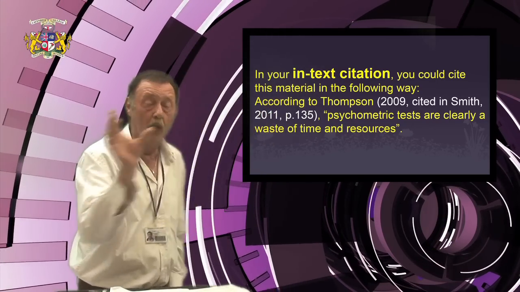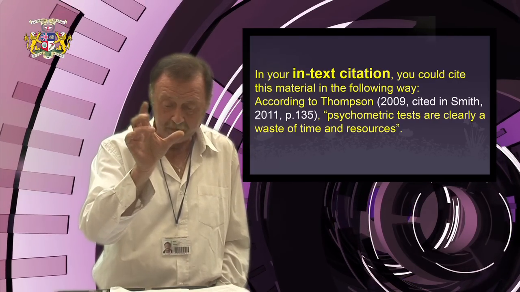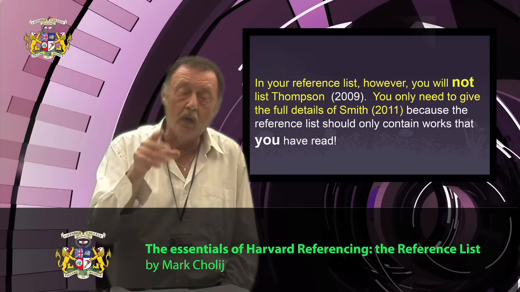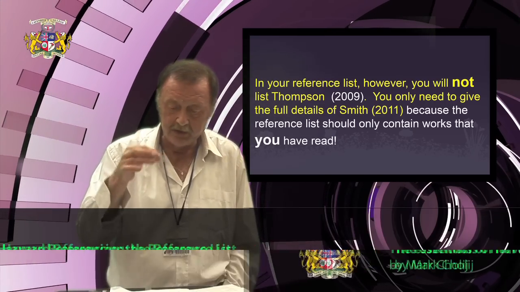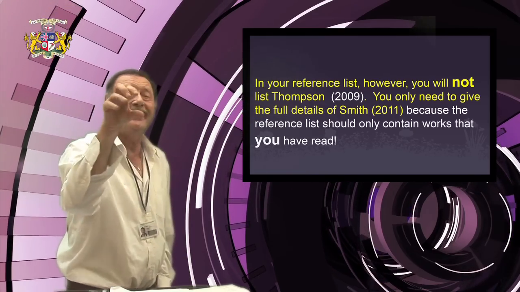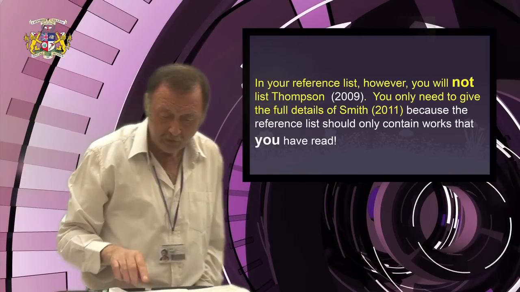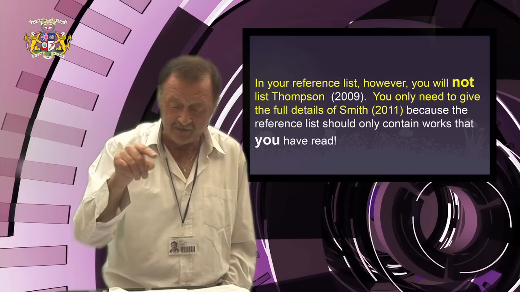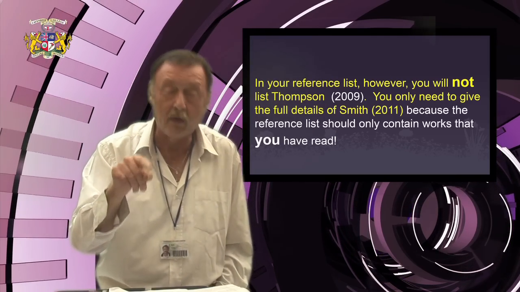So, we've got a bit more work to do, first of all, in the in-text citation, but that is very important to get it right. But then, note carefully, in your reference list, however, please note, you will not list Thompson 2009, even though here's your main citation in your text. No. You only need to give the full details of Smith 2011, because the reference list should only contain works that you have read.